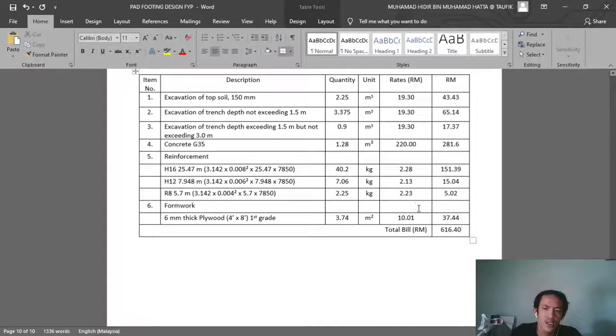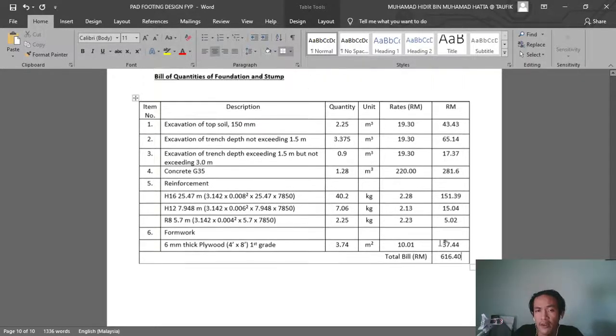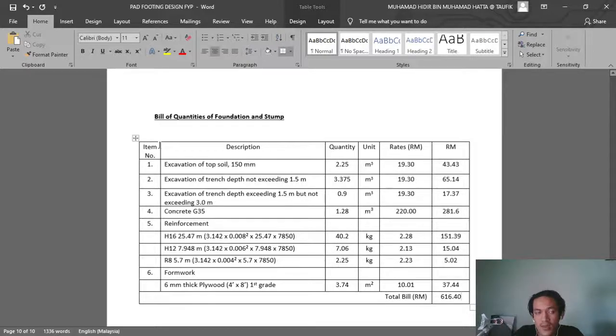It is actually quite high, quite expensive. Each foundation and stump is valued at RM600 plus.